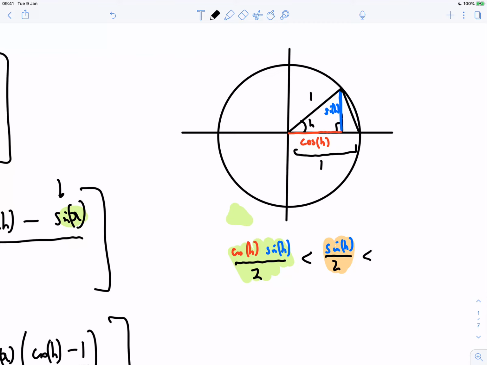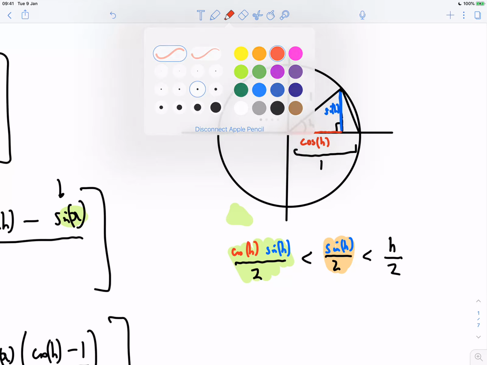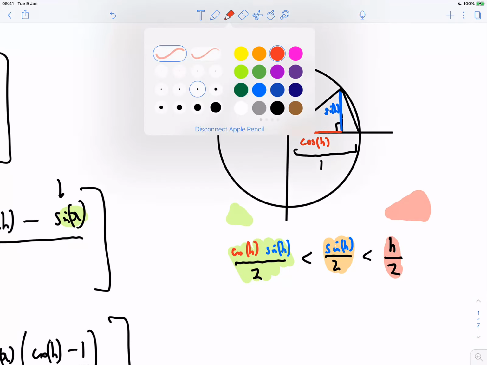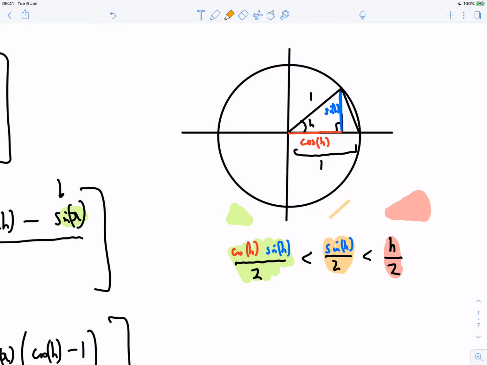So this is smaller than half of 1 squared times by angle, so it's h over 2. Now this is fairly straightforward. I'll shade this red to remind ourselves it was the big sector, the round bit. And this, I'll use a smaller thing, just to indicate it was the triangle.